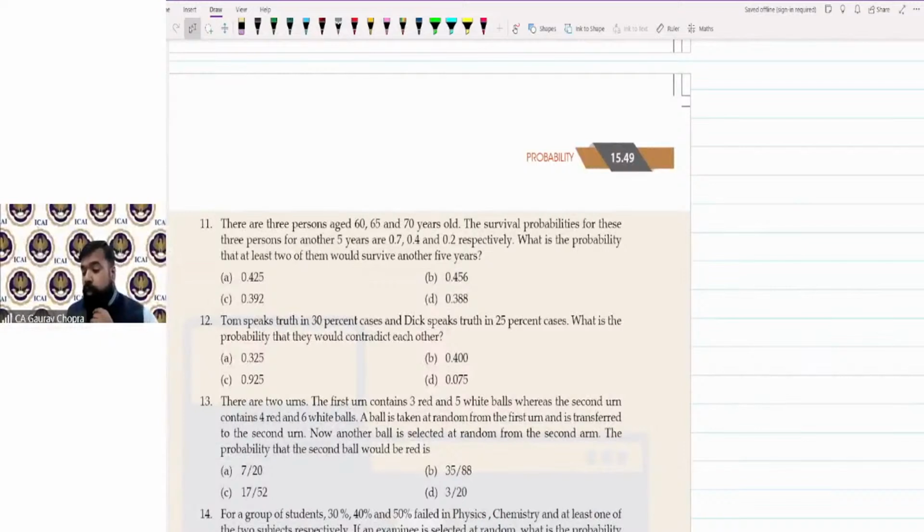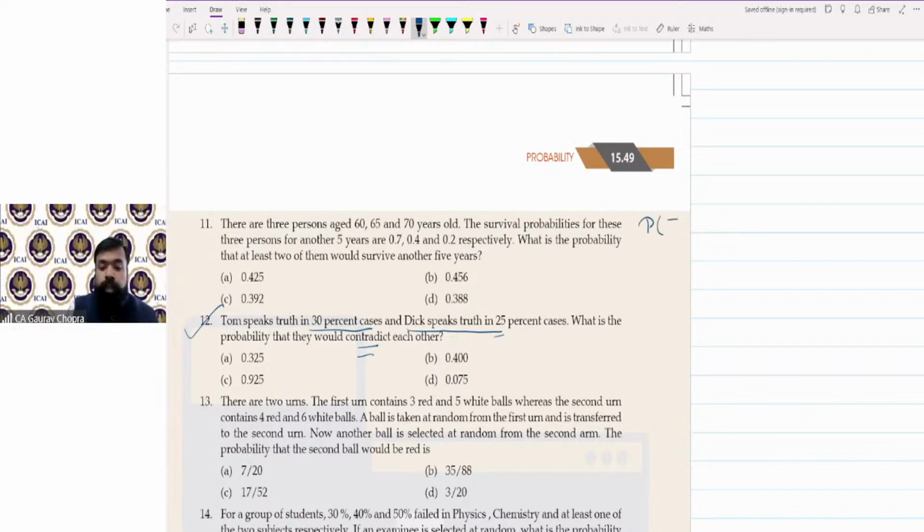Okay, there is one doubt from Dimple. Let's solve this, and after that, we'll sum up the session. So 12-1. Tom speaks truth in 30% cases, whereas Dick speaks truth in 25% cases. Now, what is the probability that they contradict each other? तो टॉम के सच बोलने के चांसेस कितने हैं? 30%.